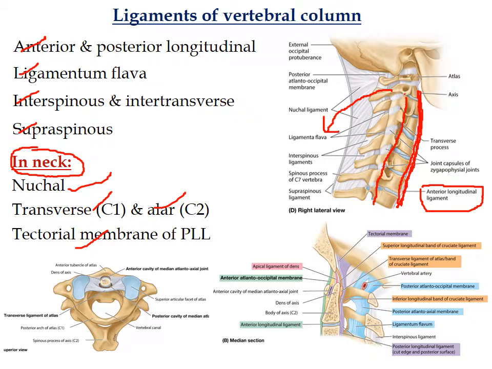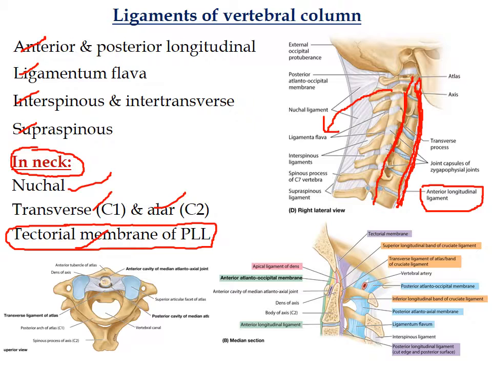So from C2 to the entire length below, but above C2, that particular posterior longitudinal ligament is called the tectorial membrane. What we are talking about in the neck region is the tectorial membrane.